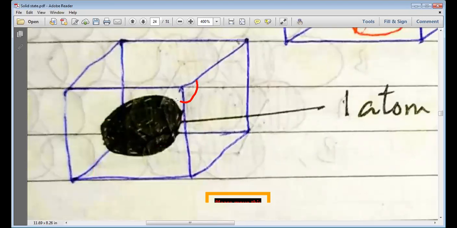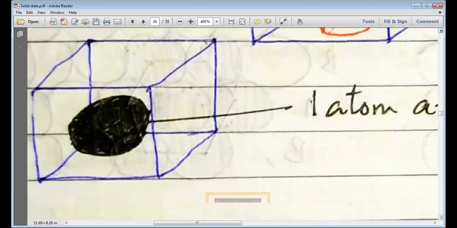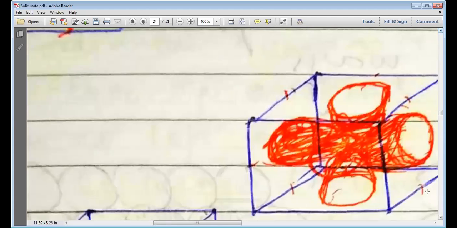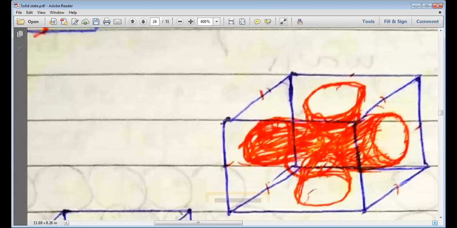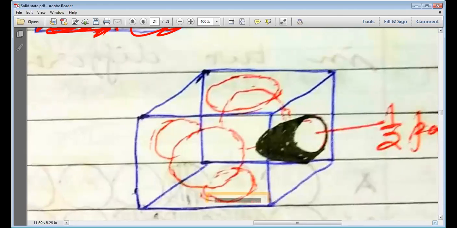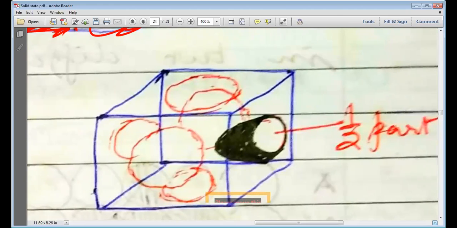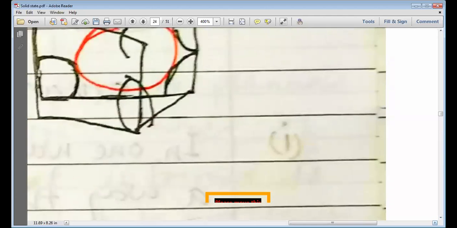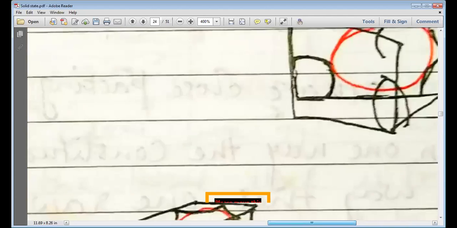Apart from that, we definitely have 8 particles at 8 corners. We can represent it in some other manner. Let me show it to you, my dear students.